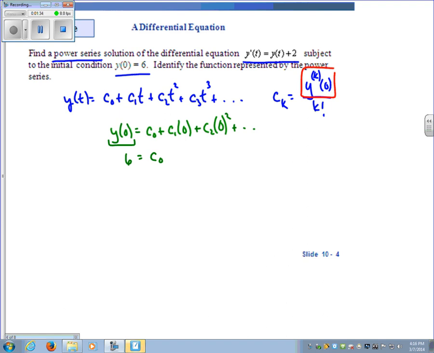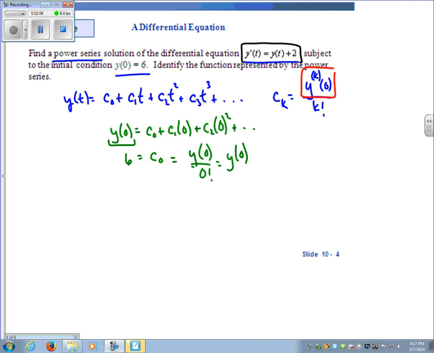Now, the next thing I want to look at is this differential equation up here. If I know that c naught is equal to 6, I know that c sub 0 is just y of 0 over k factorial. My k in this case is 0, so it's just 0 factorial, which is 1, so it's y of 0.